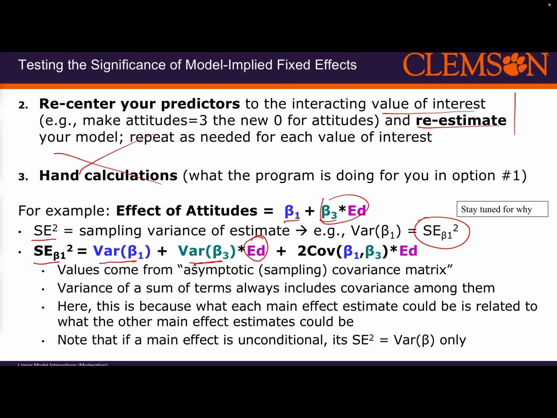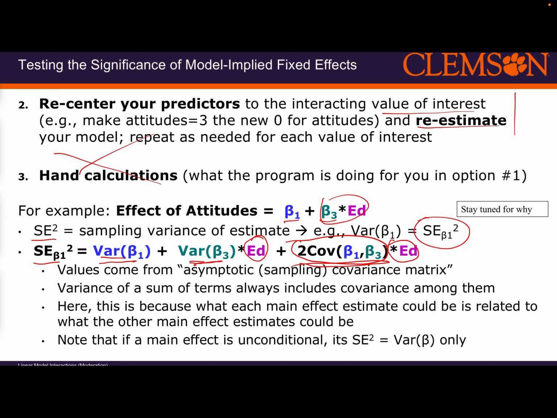But then the additional term is the number 2 times the covariance between those two parameters, and that term is multiplied by the interacting variable. This term right here does not get reported in software without a lot of effort. The variance terms can be found by taking the standard error and squaring it, but the covariance, you can't find that. It's somewhere buried.